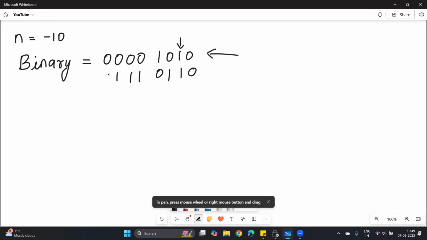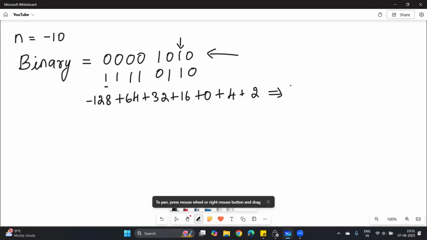And here it will be 1 1 1 1. Since it is minus 10, we will be writing as minus 128. Only for this number, we'll be changing the sign, that is minus 128. And for the other numbers, we'll be just adding. So it is minus 128 plus 64 plus 32 plus 16 plus 0 plus 4 plus 2.